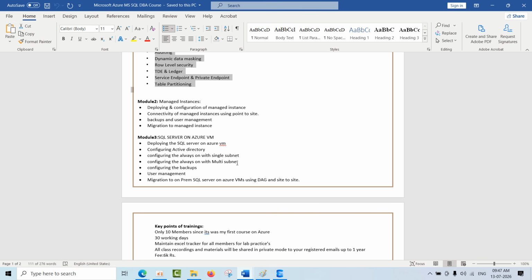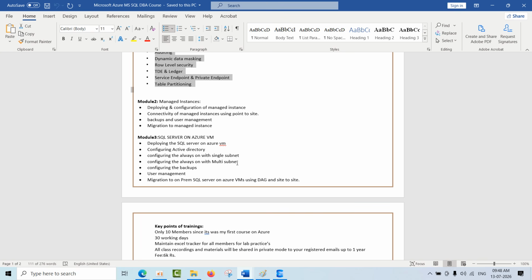No, there are no such subscriptions. They are going to give a pay-as-you-go subscription, or if the company has subscriptions, they are going to add you to the account and provide access to that subscription.